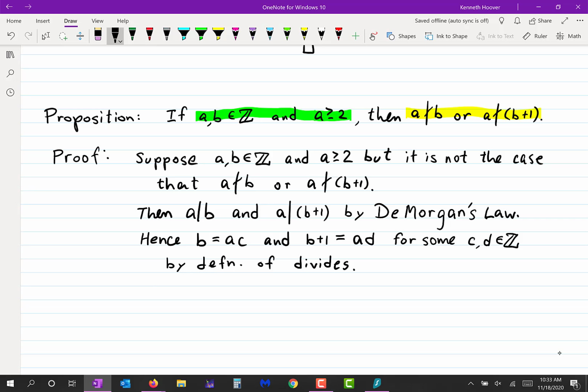So can't we say now that, thus, look at this, AC equals B, and B would also equal, besides AC, it would also equal AD minus 1, right?